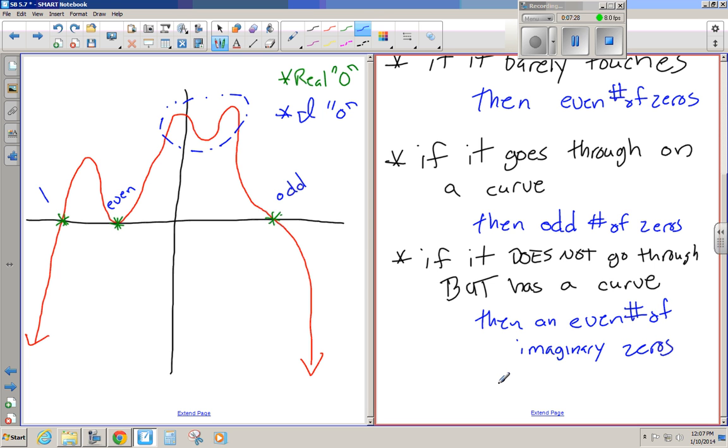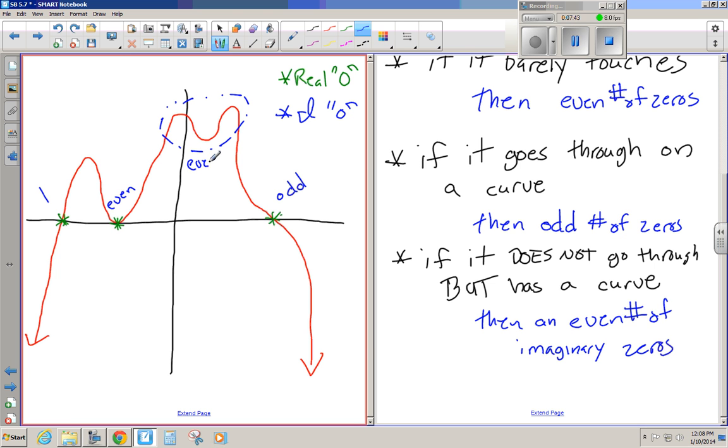All right. So that's what we're working on. Okay. Let me add in here that then this would be even. So this graph could have 1, 2, 2, 3. The degree of this graph could be 8. This could be an x to the 8th power equation.